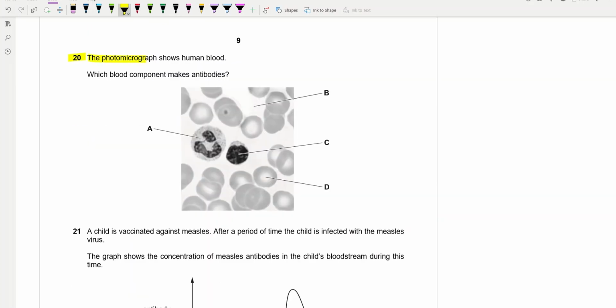The photomicrograph shows human blood. Which blood component makes antibodies? Option A shows phagocyte, option B shows the blood plasma, option C shows lymphocytes, option D shows red blood cell. So the correct option would be option C, lymphocytes.